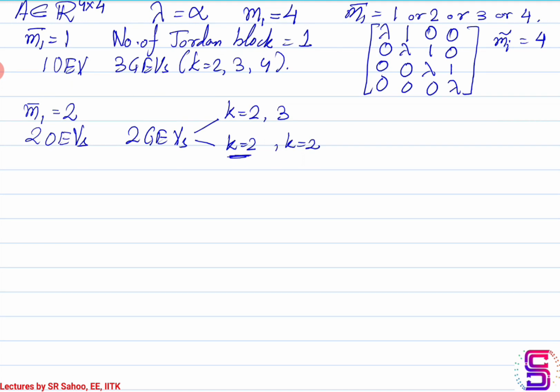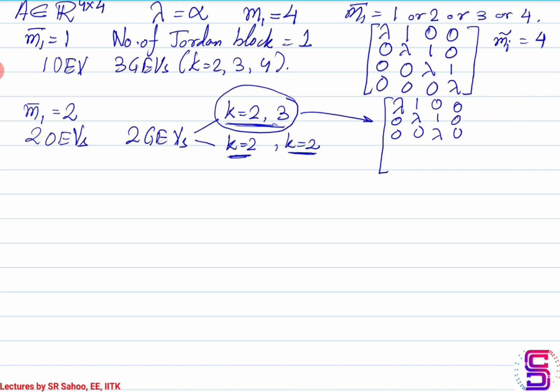Okay, so this is from one eigenvector, this is from another eigenvector. Here in this case this is arising from just one eigenvector. Okay, so in this case the Jordan form would look like this: 1 lambda 0, 0 1 lambda, and this.